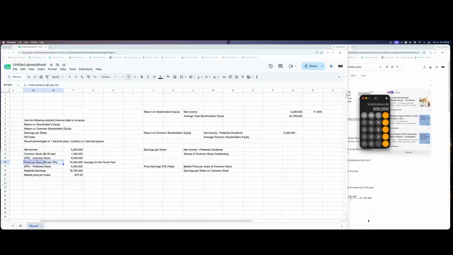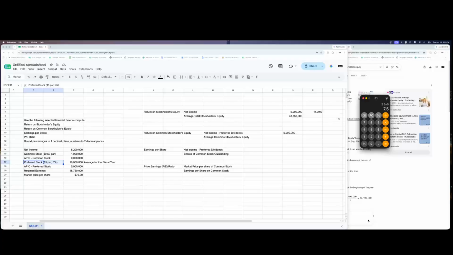Gosh, that's a good question. Let's see. 5 million divided by 2 million plus 5. So it actually sold for 7.5. It sold for $7.50 per share of preferred stock. $7.50 was the actual price of the share that was purchased at.